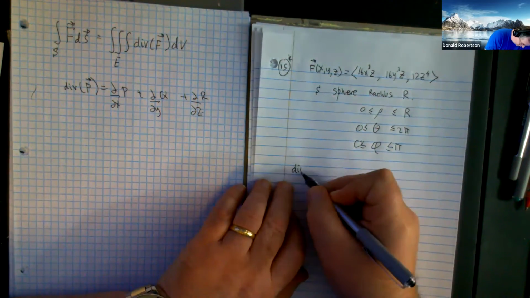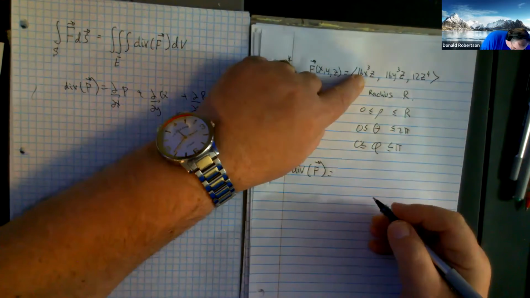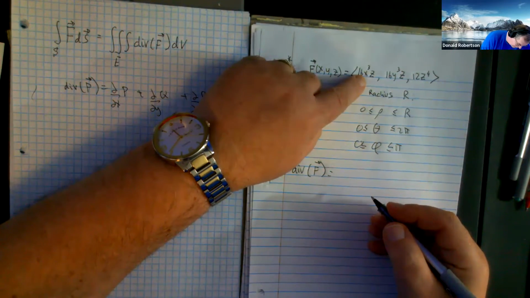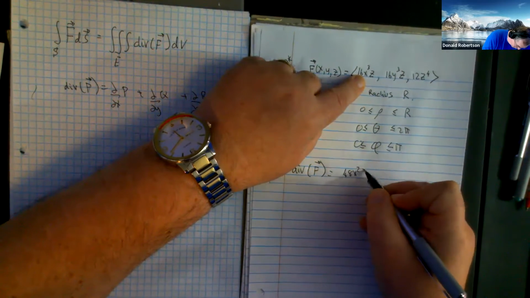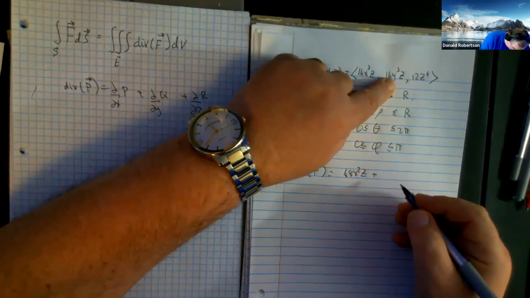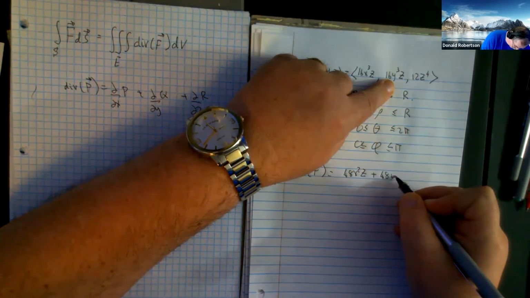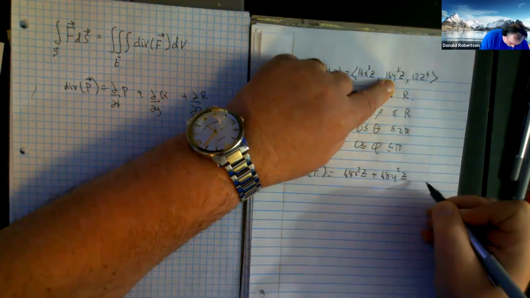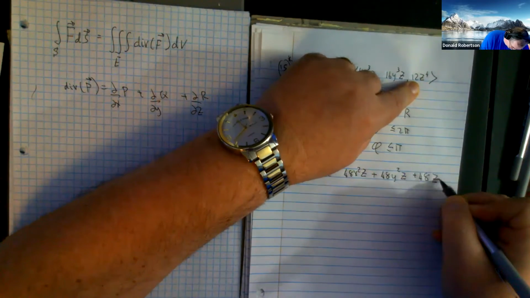Let's find the divergence. If you differentiate this guy with respect to x, you get 48x squared z. If you differentiate this guy with respect to y, you get 48y squared z. And if you differentiate this guy, you get 48z cubed.